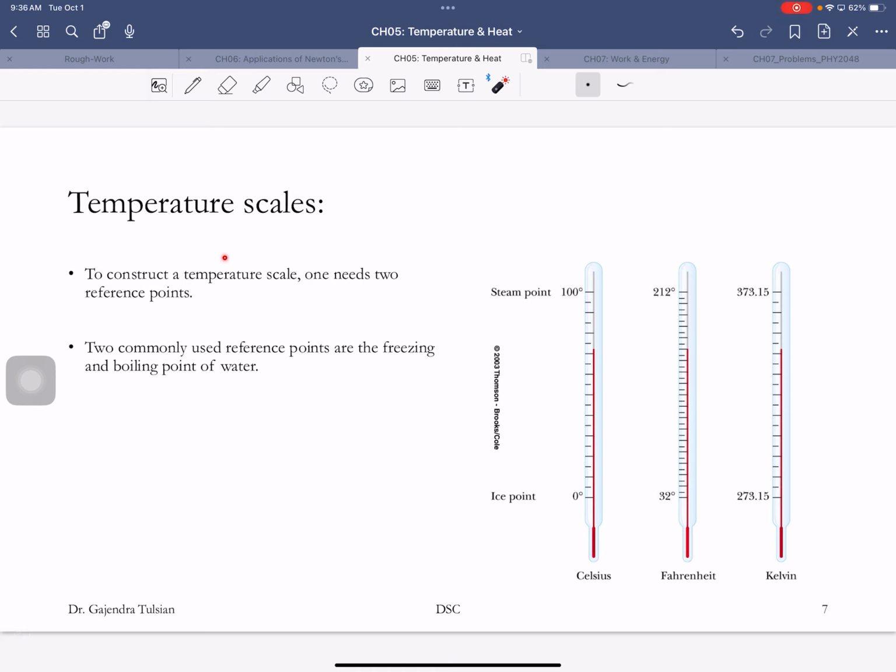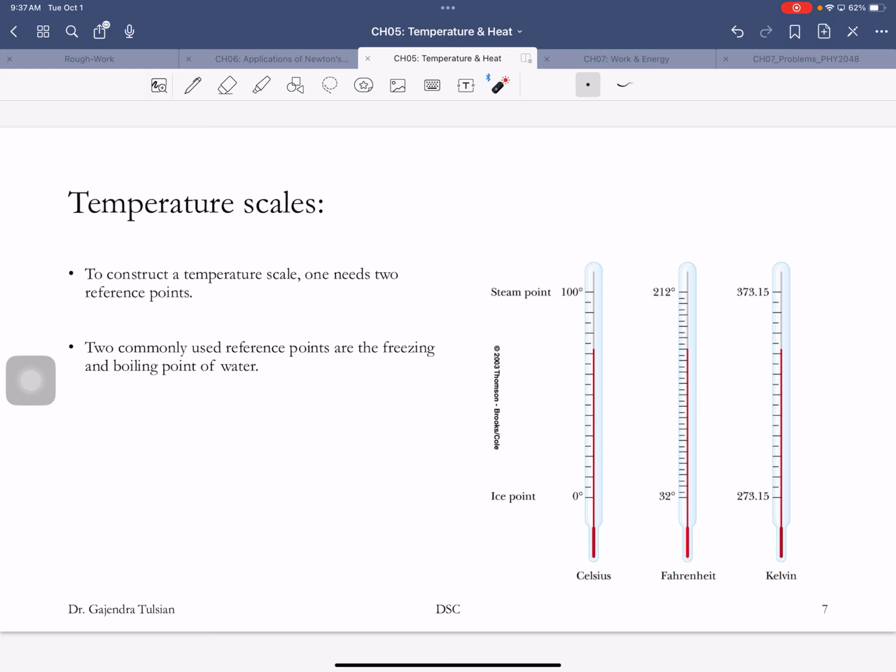There are three commonly used temperature scales: Celsius, Fahrenheit, and Kelvin. We saw that the Fahrenheit scale was a finer scale, and so we use this to measure our body temperature and stuff like that. To make any temperature scale, what you need is two physical phenomena that happen at the same temperature.